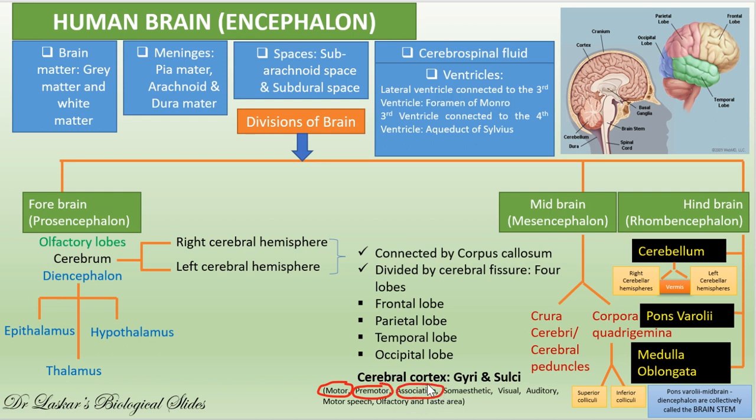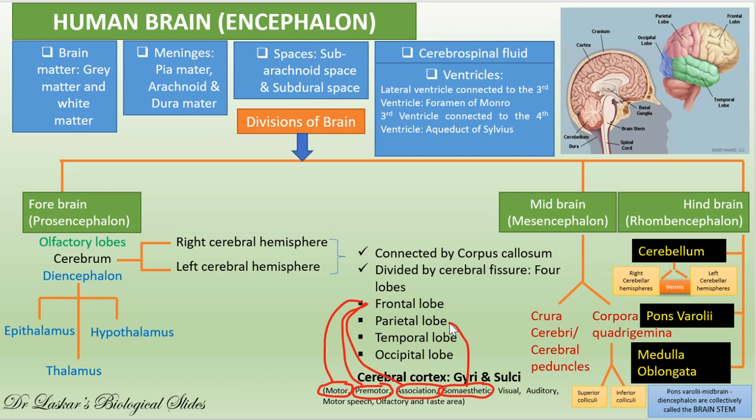Association area is in the frontal lobe and it controls association between various sensations and movements and is also the seat of learning. Somaesthetic area is mainly in the parietal lobe. So these three areas are present in the frontal lobes, and the somaesthetic area is present in the parietal lobe.